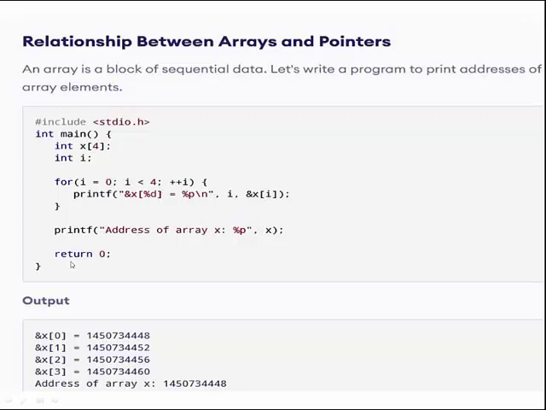So we go out of this loop, and then we print the address of the array x. We use return 0 because we have an integer main, and whenever we have an integer there, we return 0.